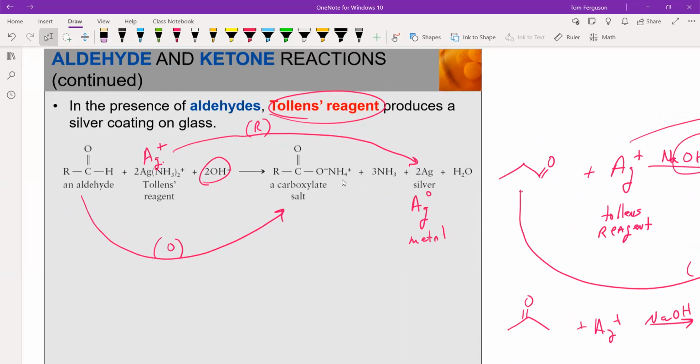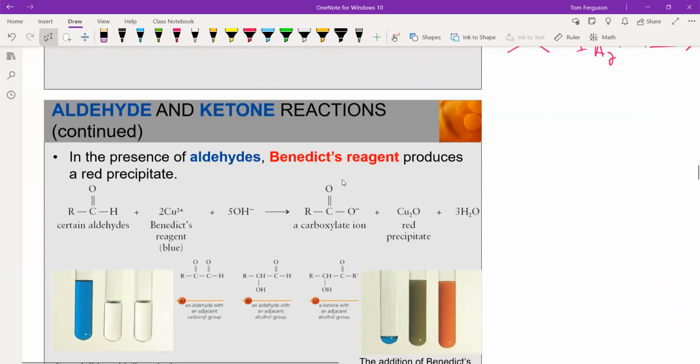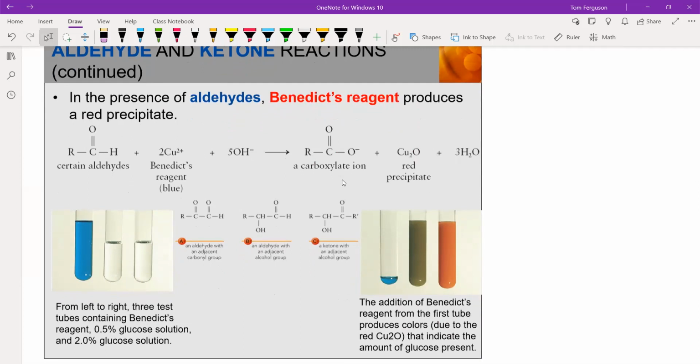Another reaction is called Benedict's reaction. Same concept. It's an oxidation reduction reaction.